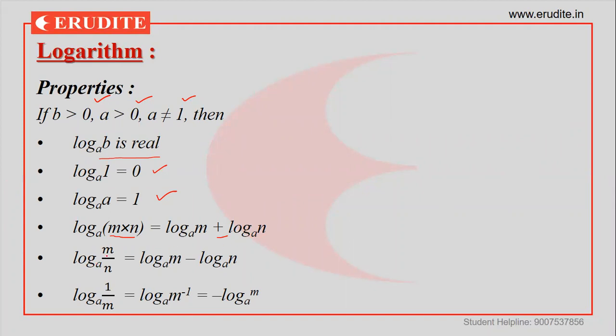Both bases remain the same. Now log of m by n to the base a, a division format, is a subtraction, which we need to keep in mind. Next one, log of 1 by m to the base a. So 1 by m is nothing but m to the power minus 1, and that minus sign I can take outside. So these are the rules which we have to extend.